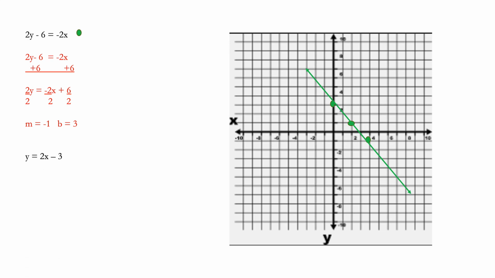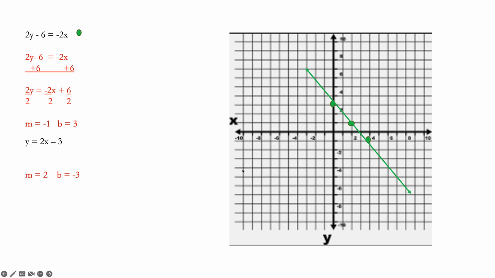Now, the next one is y equals 2x minus 3. Oh, look, I was nice to you, gave it to you in y equals mx plus b form. Go ahead. Okay, so the slope is going to be 2.